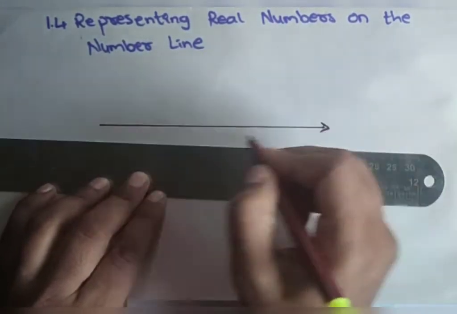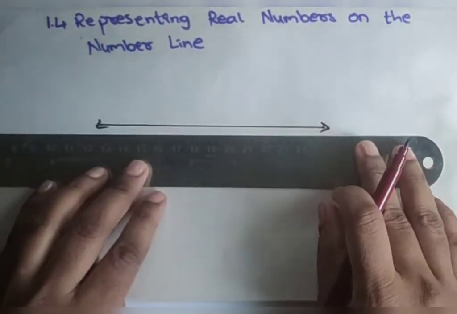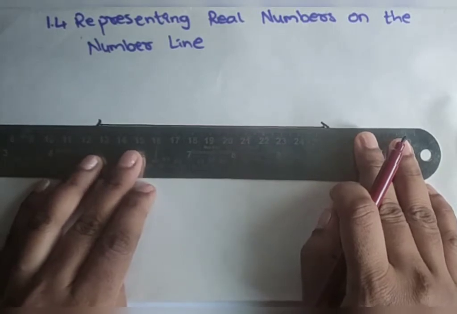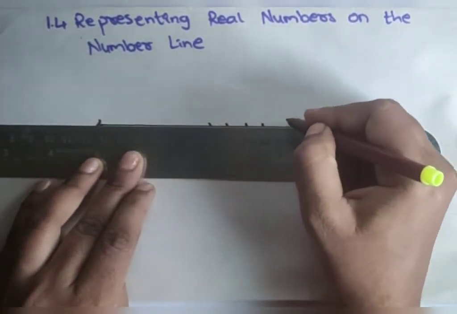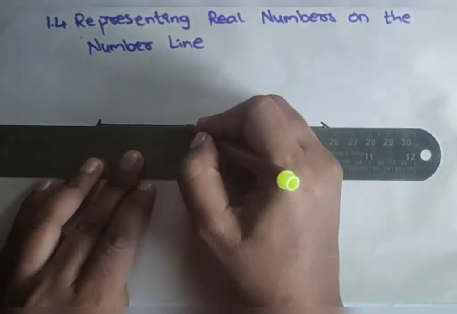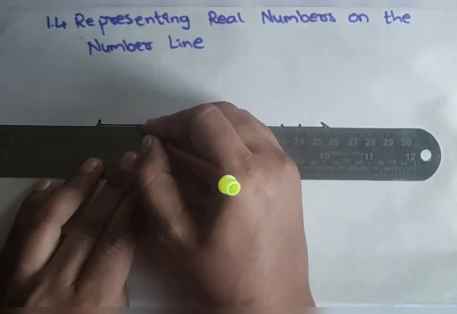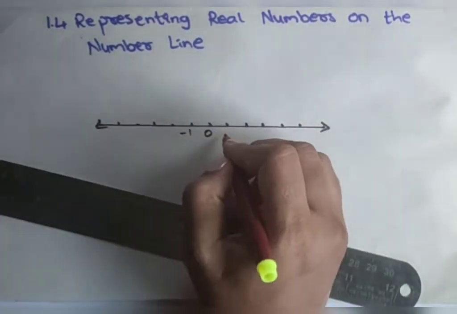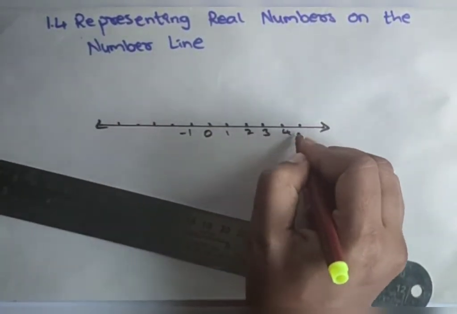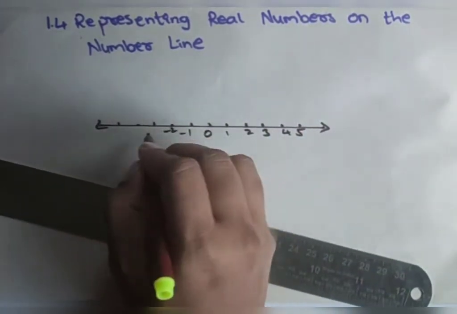In between you are having 0, and to the right you are having all positive values and to the left you are having all negative values. To the right positive value, to the left negative value.